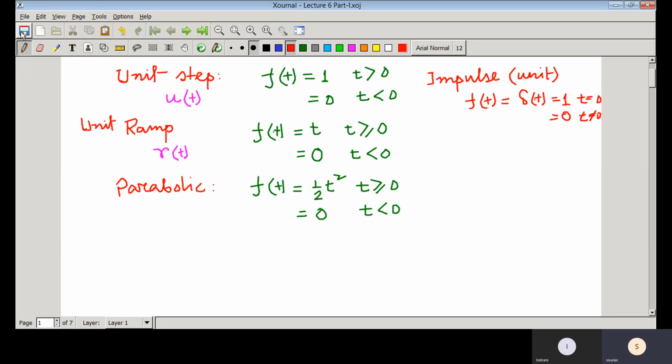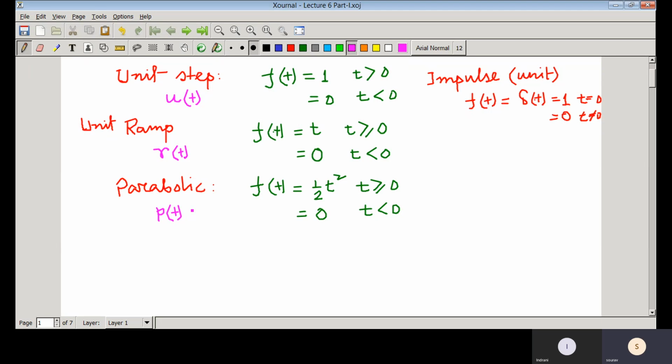Those things you have already studied in signals and networks; here I am discussing them just for recapitulation. The parabolic signal is denoted by p(t), and the impulse is normally denoted by delta(t).